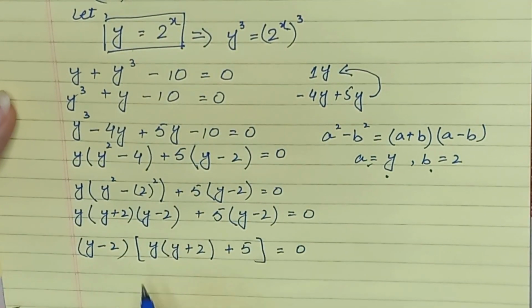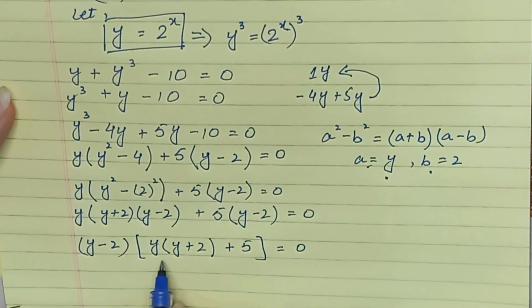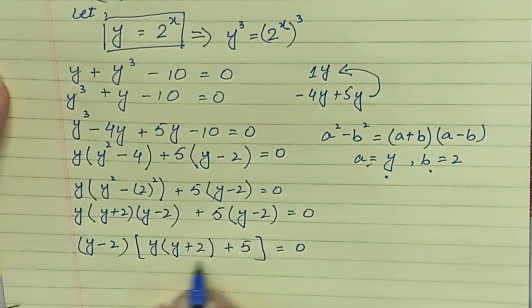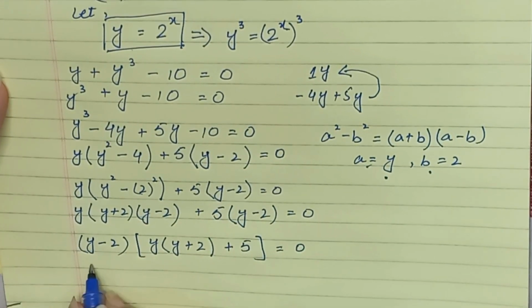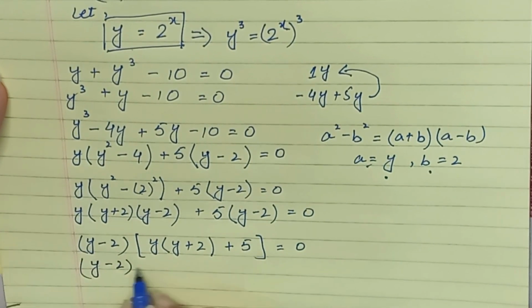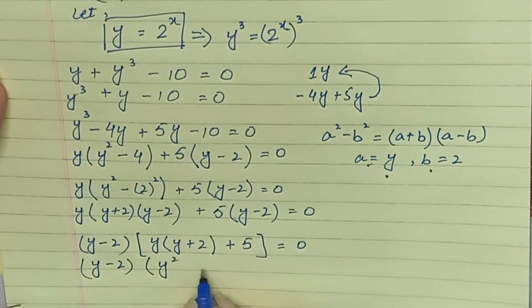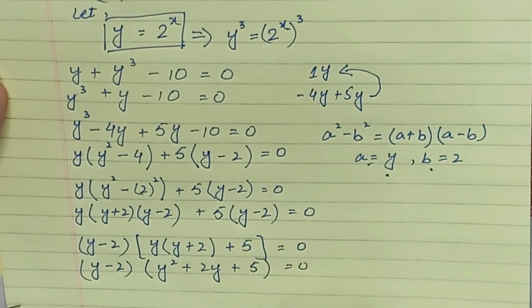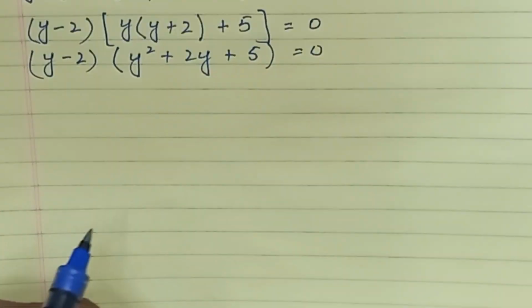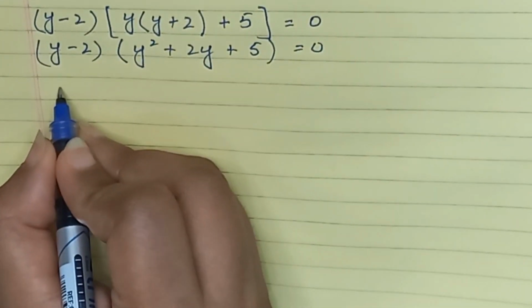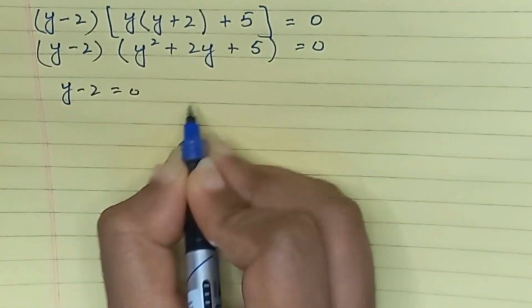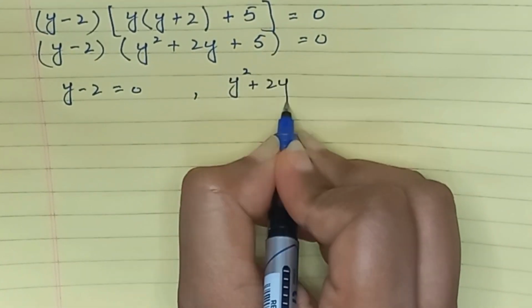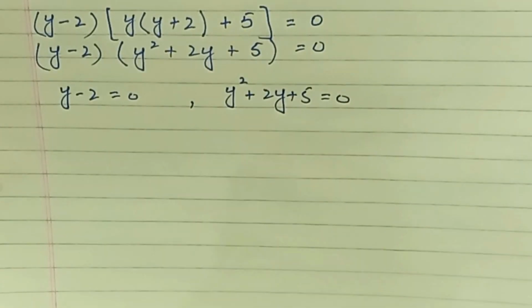Now here we have two cases: y minus 2 is equal to 0, or y into y plus 2 plus 5 is equal to 0. So first of all we will simplify this term. So it will become y minus 2, and it will become y square plus 2y plus 5 equal to 0. Now we have two cases: y minus 2 is equal to 0, or y square plus 2y plus 5 is equal to 0.